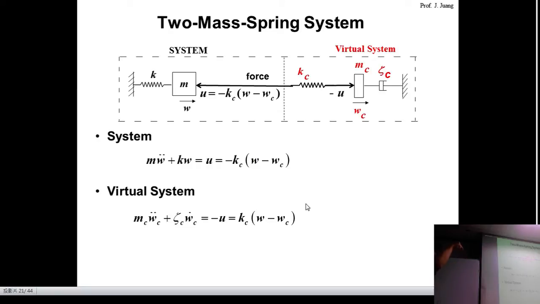It's not real. There's no real spring there. There's no real spring Kc. There's no damper zeta c. All with subscript c. c means computer, means control parameters. So c sub c means control parameter. Those are the gains you can design for it.